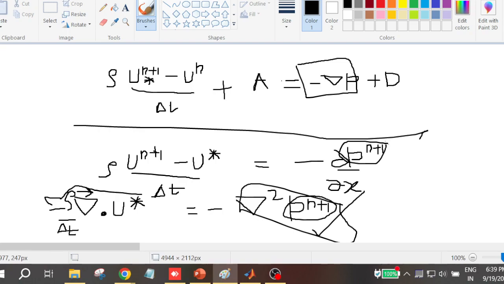See, there are three types of time stepping schemes. You have the explicit time stepping scheme, the implicit time stepping scheme, and you have the Crank-Nicolson scheme. Forward and backward, that is for spatial discretization, I think you are telling.